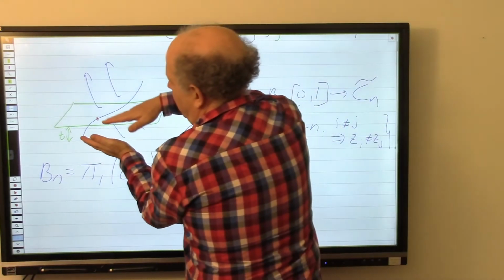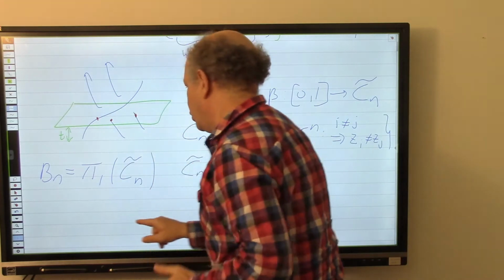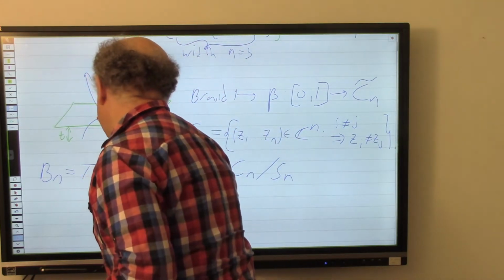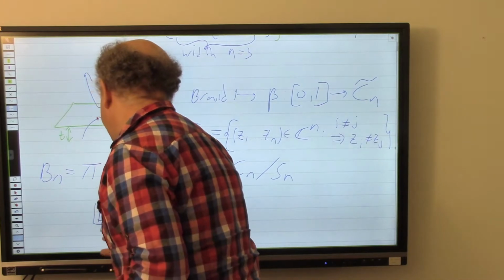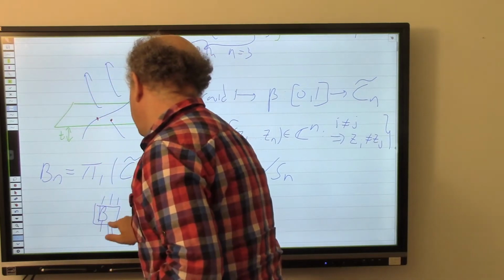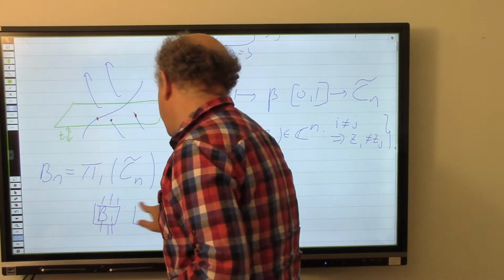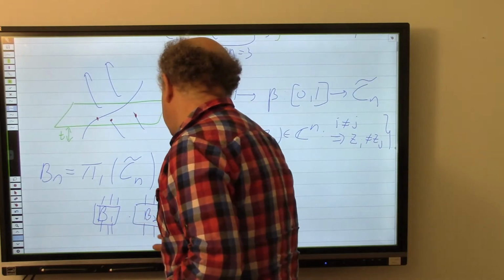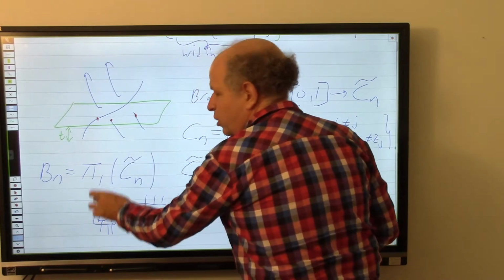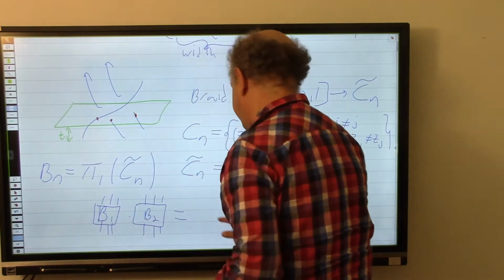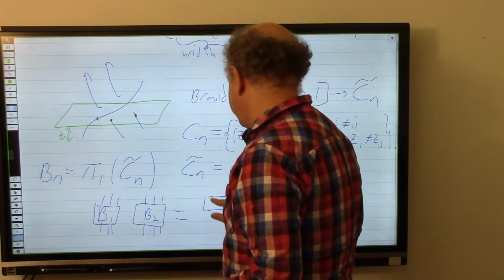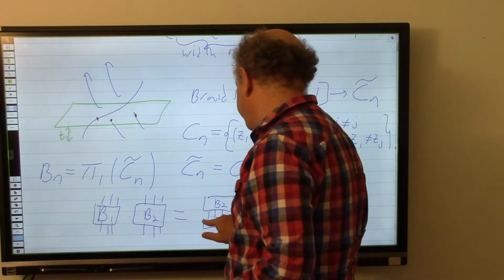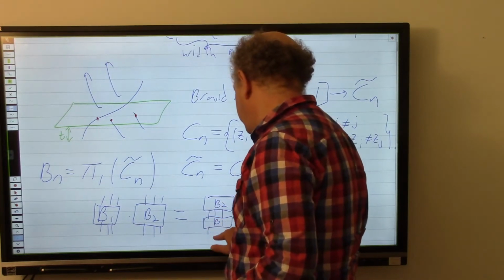So a braid is like a path, and if you want to multiply B1 with B2, you just first do the first path and then the second path, which amounts to saying that you put the second braid on top of the first one.